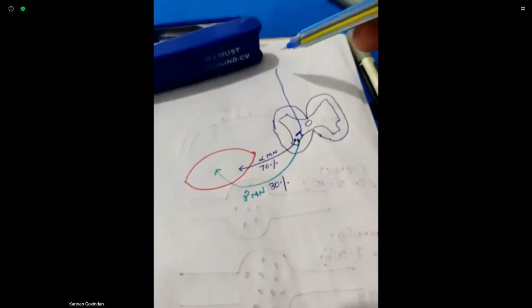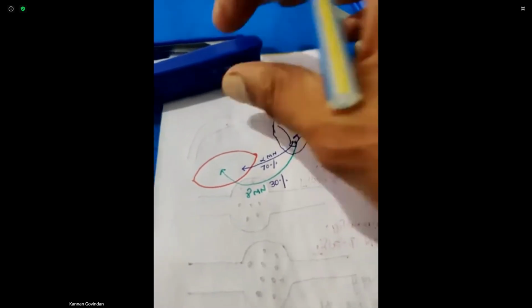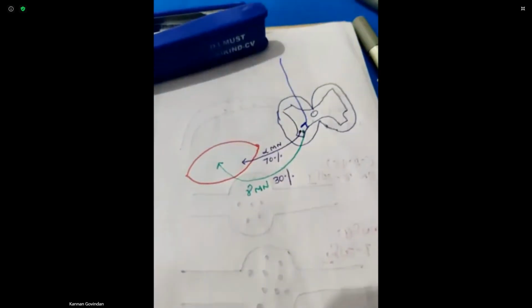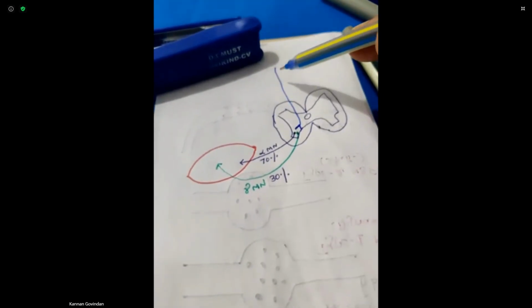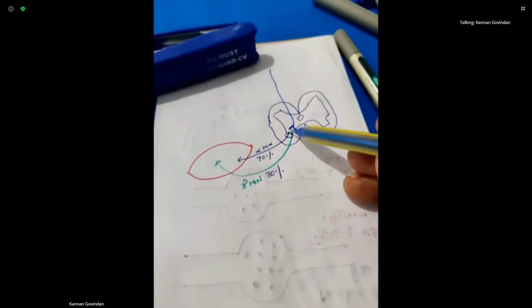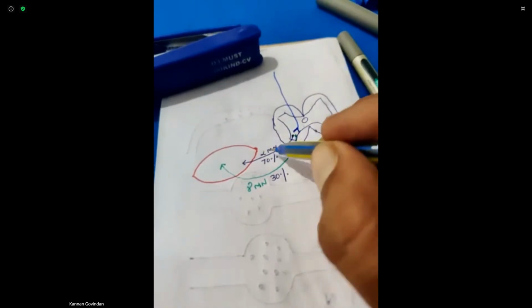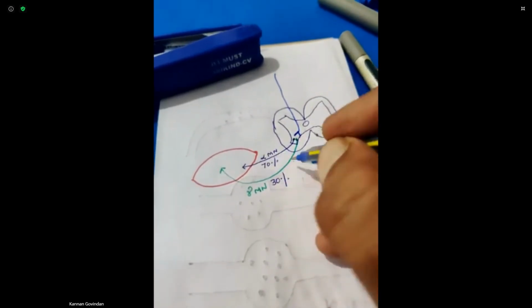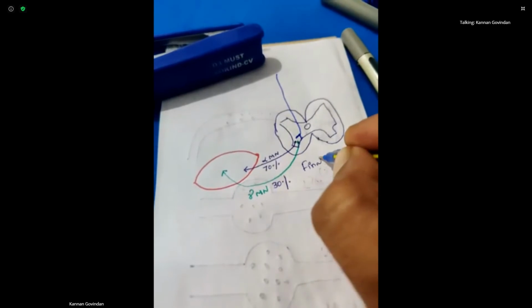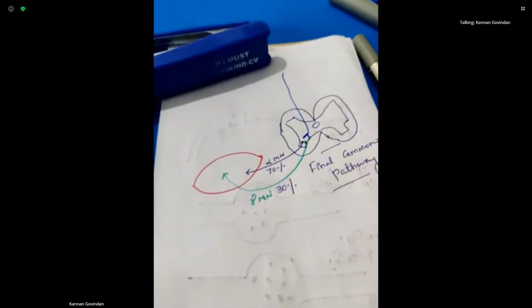Whatever the mechanism, either the motor cortex or basal ganglia or cerebellum, wherever the motor pathway descends, the motor signals are finally transmitted to the muscle fibers only via the anterior horn cells. So the alpha motor neuron and gamma motor neuron together are called the final common pathway for motor activity.